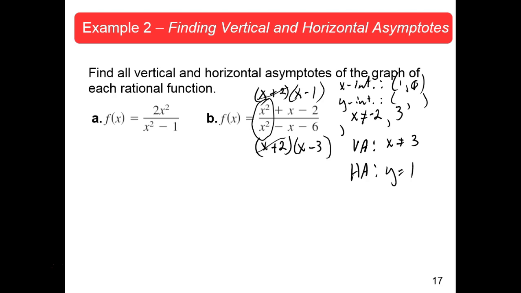Well, if you put x equals 0, what do you have left? Negative 2 over negative 6, which is 1 over 3. So your y-intercept is 1/3. So you have x equals 0, y is equal to 1/3.